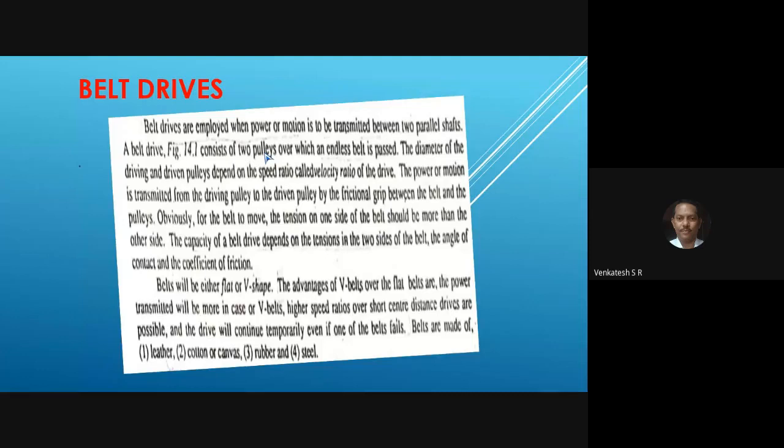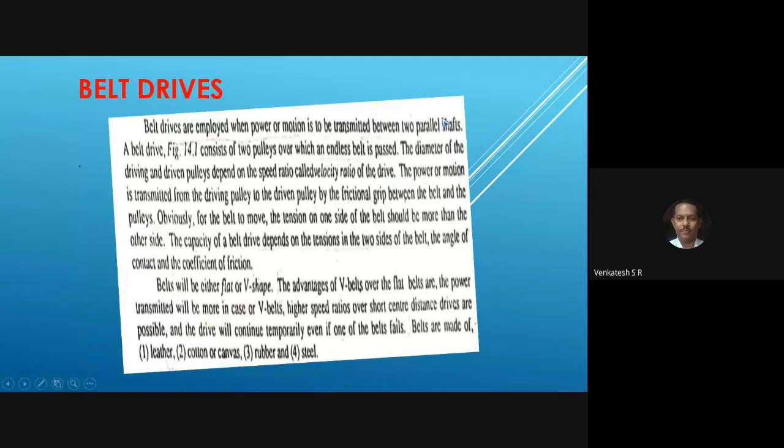The diameter of the driving and driven pulleys depend on the speed ratio, called as velocity ratio of the drive.